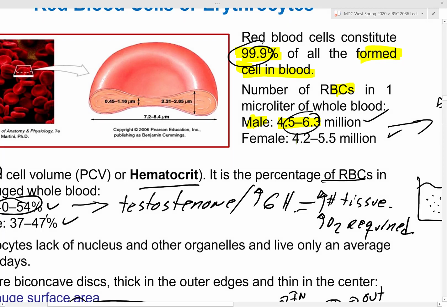Why is this more in the males and less in females? Size. Most of the time, males have high levels of testosterone and growth hormone, which codes for what? Bigger bones, bigger muscle, bigger size, right? More tissues, more oxygen, more nutrients, more red blood cells, more blood is required. Does that make sense? Okay.